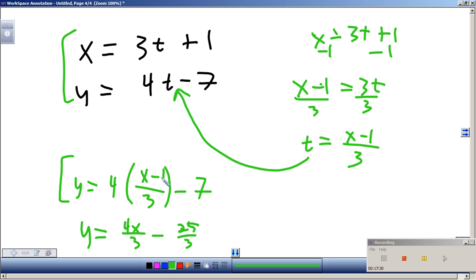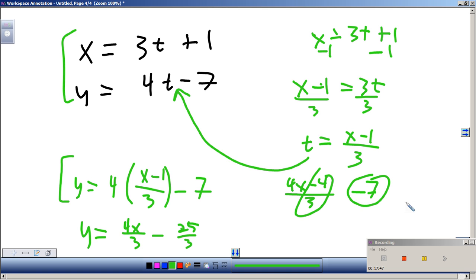Because this part right here, the 4x minus 4 over 3 minus 7, this part right here can be combined with that, because they're like terms.